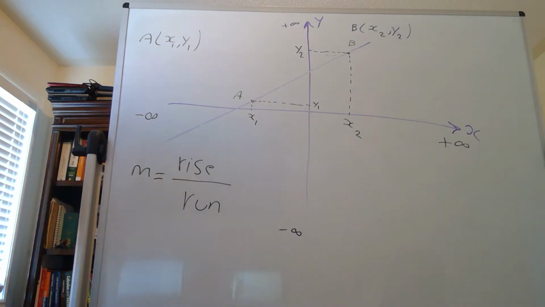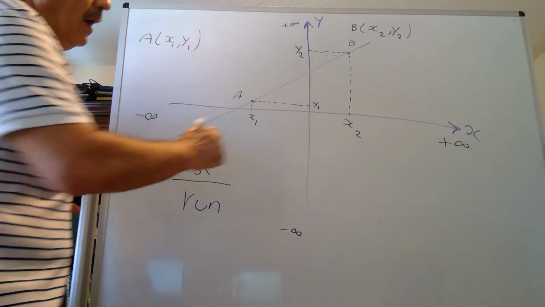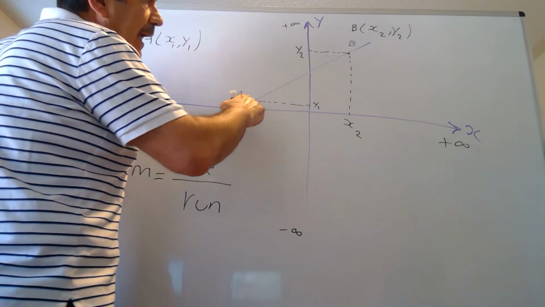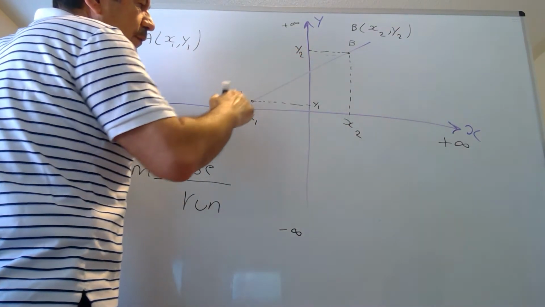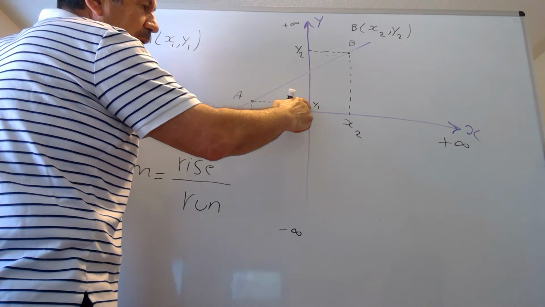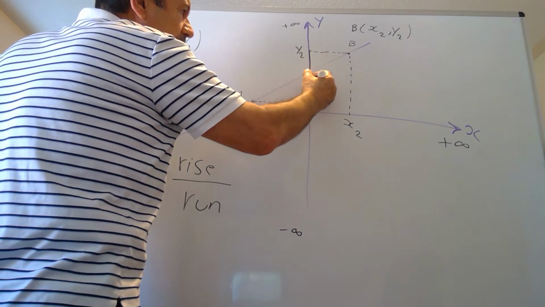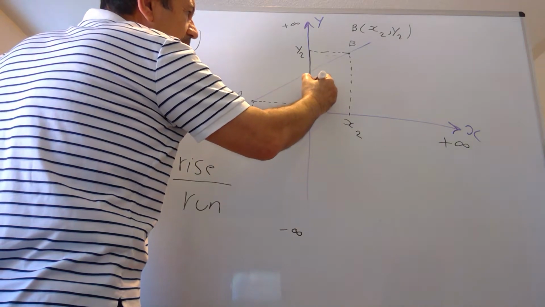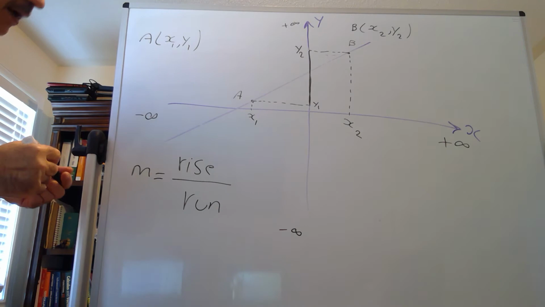But what is rise? Rise is the change in height. Look at this one, from point A to point B. This is the height of point B, which is y2, and this is the height of point A, which is y1. How much is the change in height? This part is the change in height.